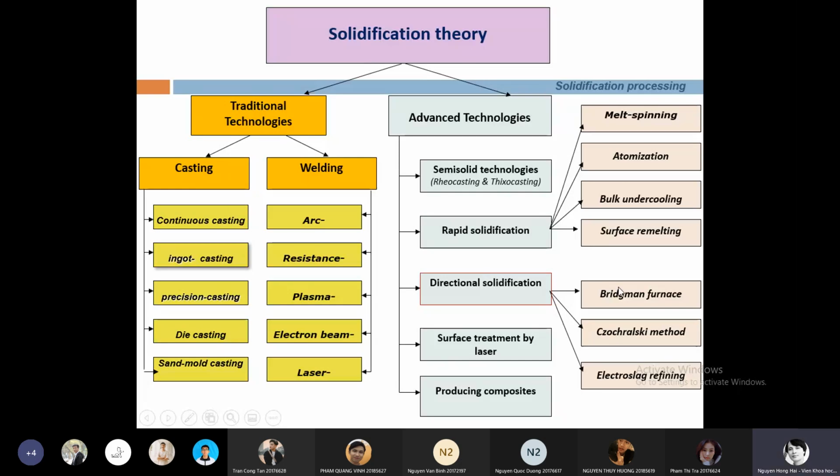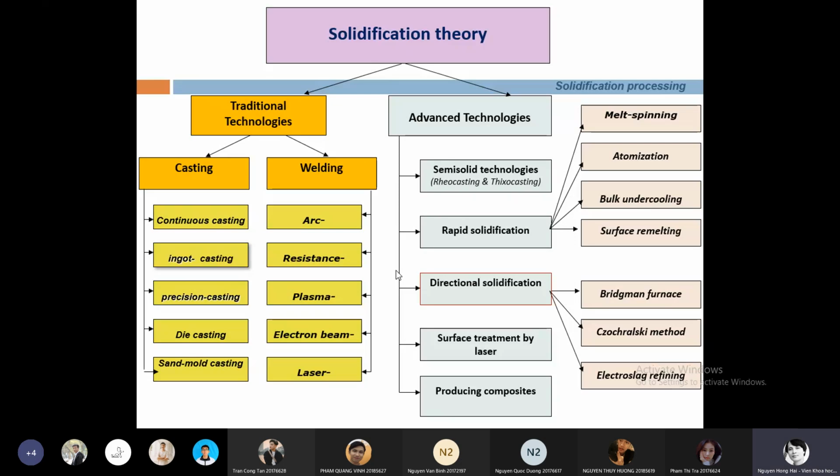A lot of it is the main way to create a component, a detail, with very high properties. Okay. So we have traditional and advanced technology on the basis of the solidification theory. A lot of technology.